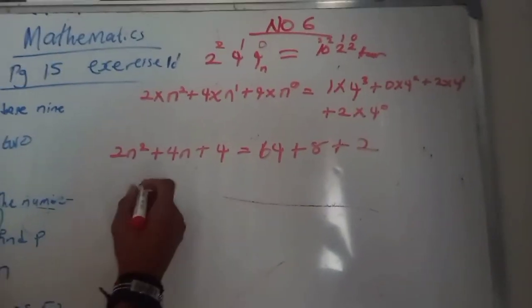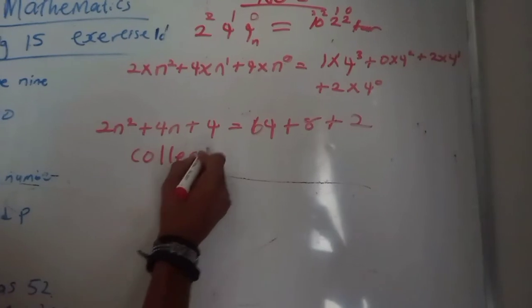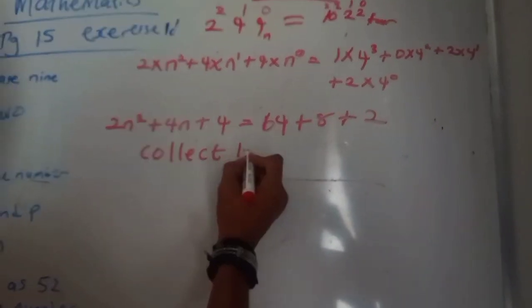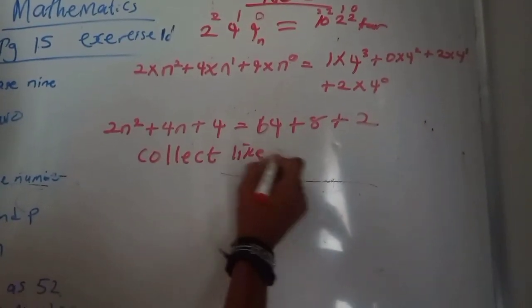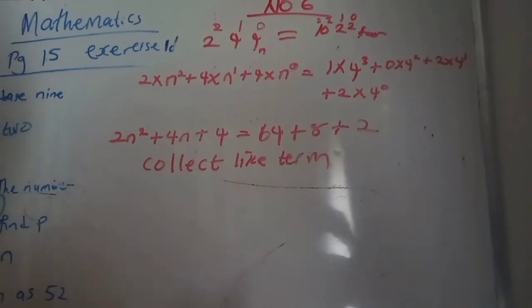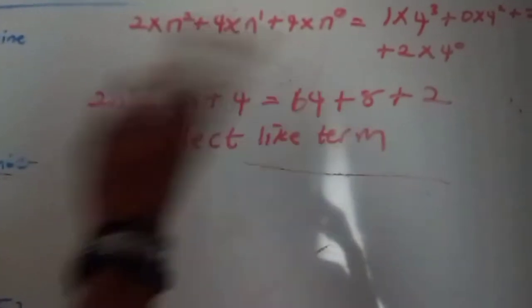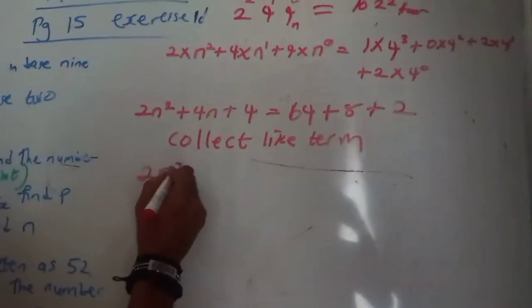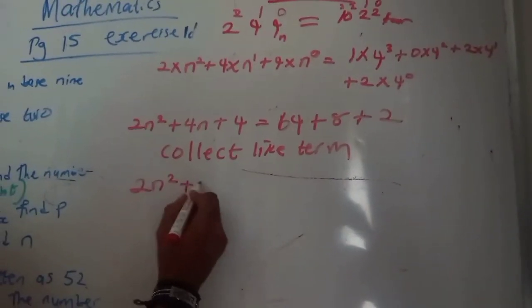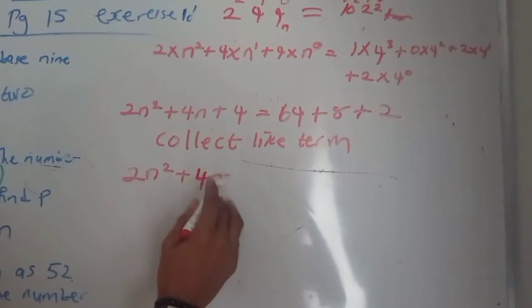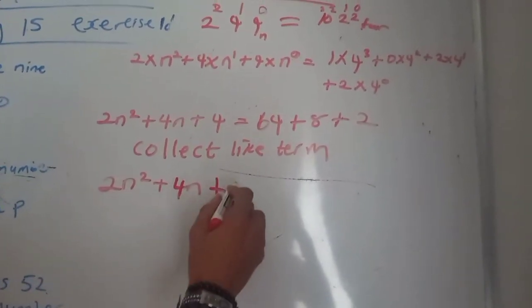Now collect like terms, or you can call it grouping. I collect my like terms into my left hand side: 2n squared plus 4n plus 4.